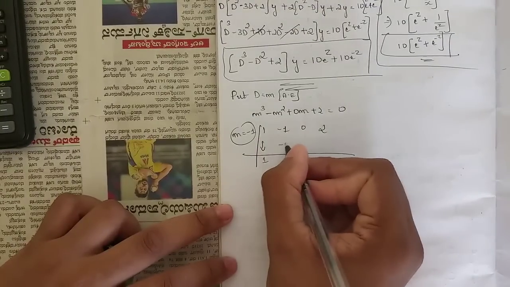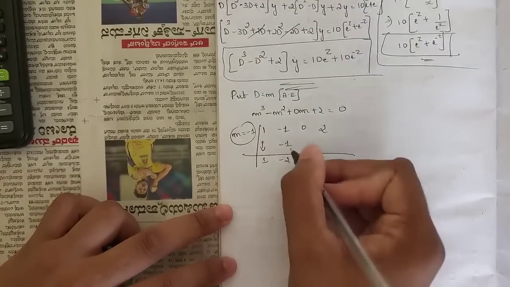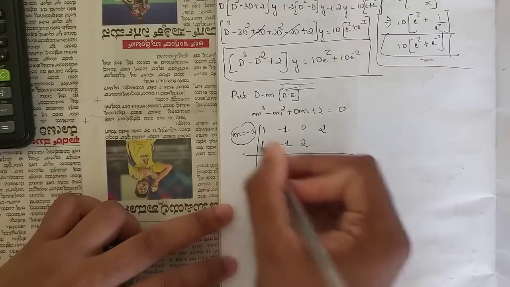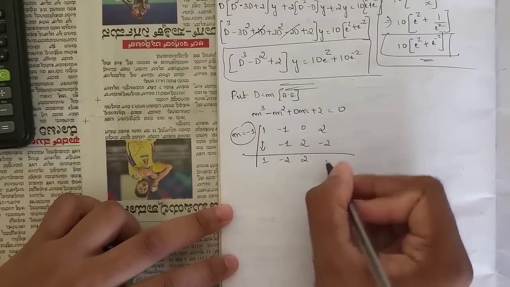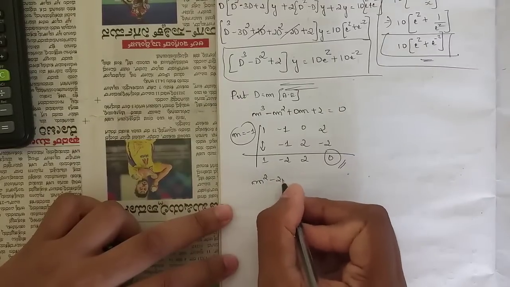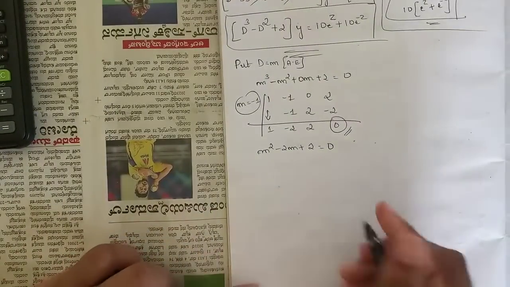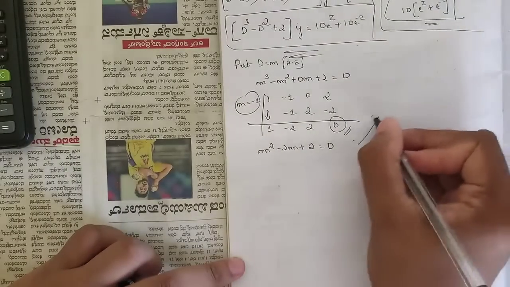Minus 1 into 1 is minus 1, minus 1 plus minus 1 is minus 2, minus 1 minus 2 is plus 2, 0 plus 2 is 2, minus 1 times 2 is minus 2, we get 0. So the term is m square minus 2m plus 2 equal to 0. Now I will solve this here.